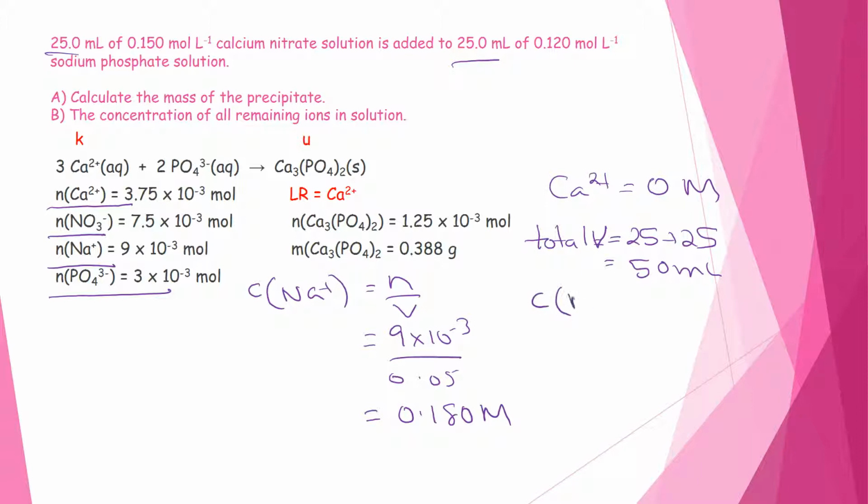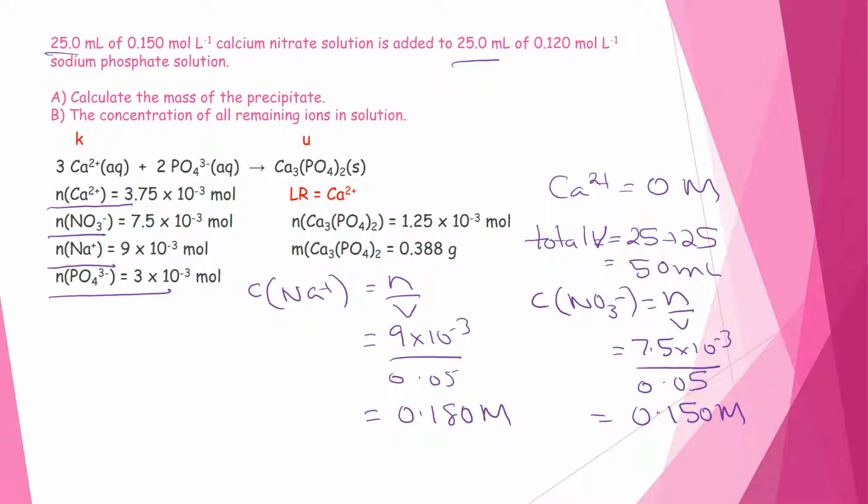The concentration of the nitrate ions is equal to N on V, which is equal to 7.5 by 10 to the negative 3 divided by 0.05, which is 0.150 moles per litre to 3 significant figures.